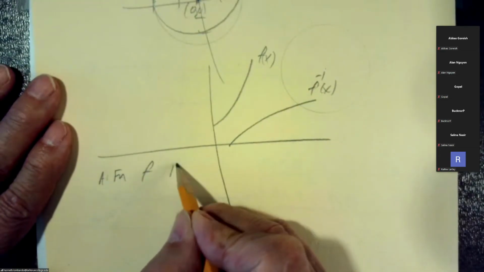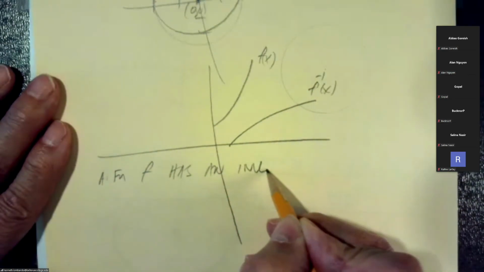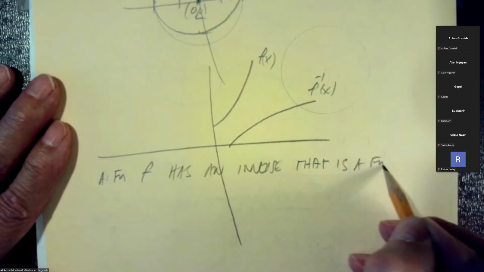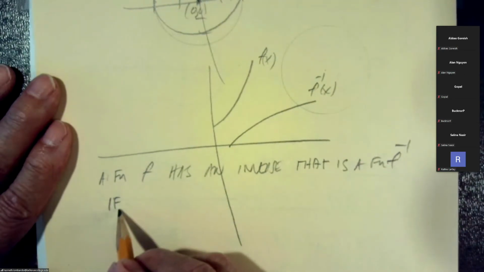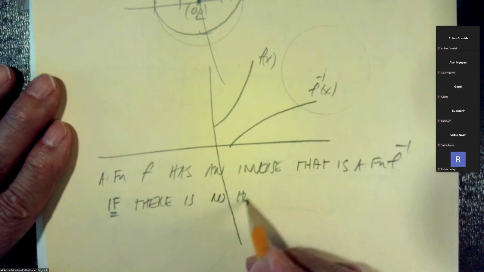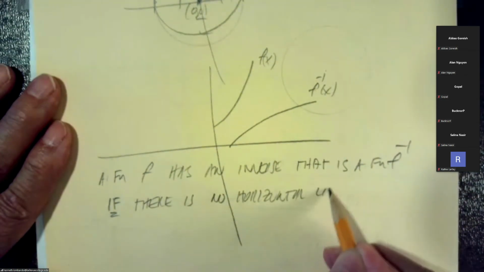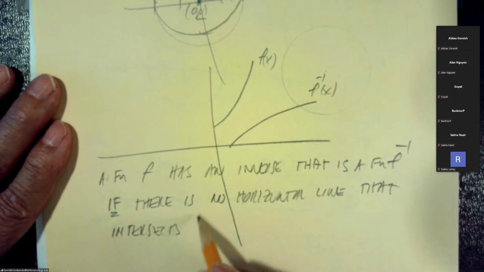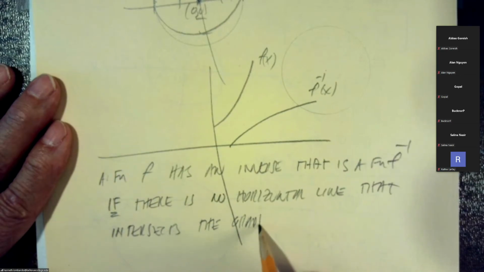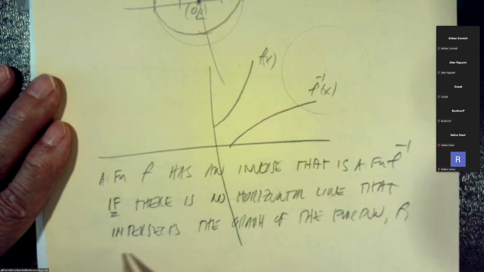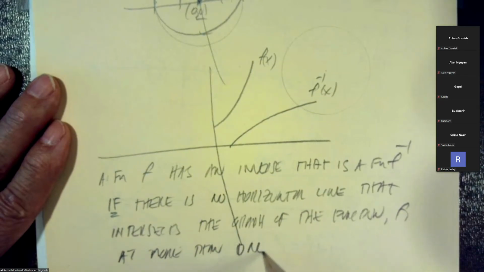A function f has an inverse, that is a function f inverse, if, and this is the key point, if there is no horizontal line that intersects the graph of the function f at more than one, I'll spell it out, point.